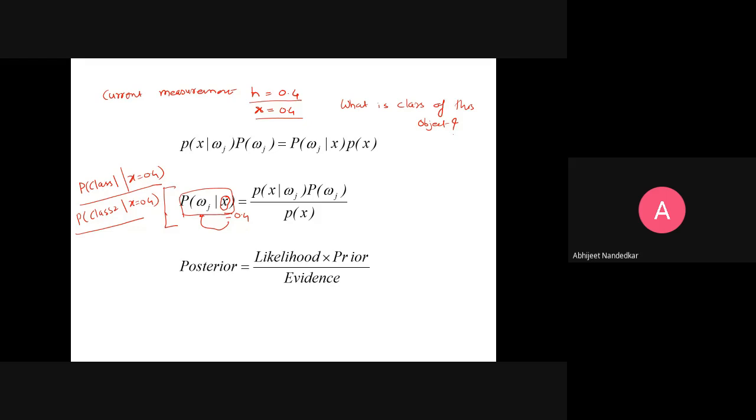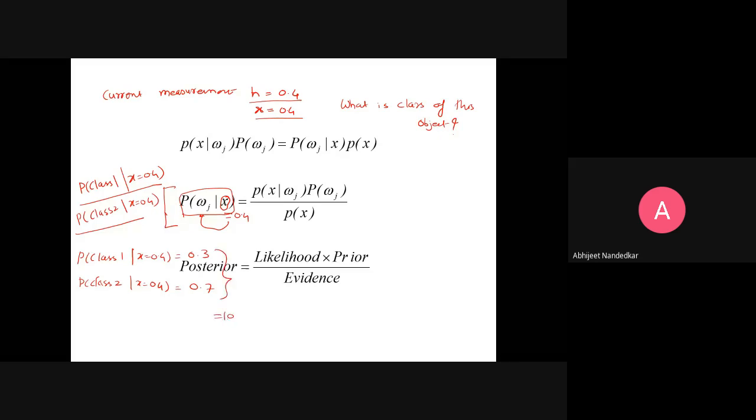Say for example, probability for class 1 given x is equal to 0.4 is 0.3, and probability of class 2 given x is equal to 0.4 is 0.7. Remember, the sum of these two will always be equal to 1. So probability of class 1 is less than probability of class 2.